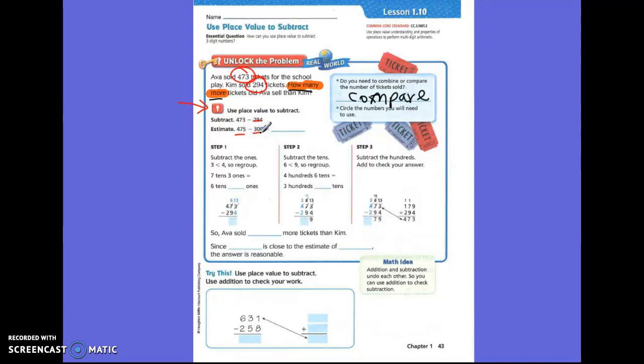So you are going to do 475 minus 300. What's 475 minus 100? 375.